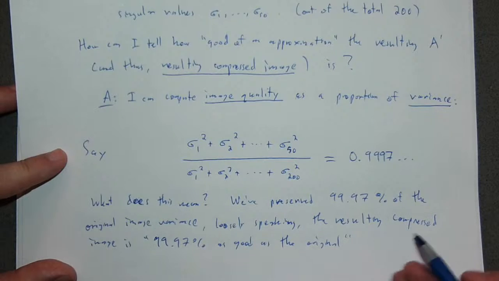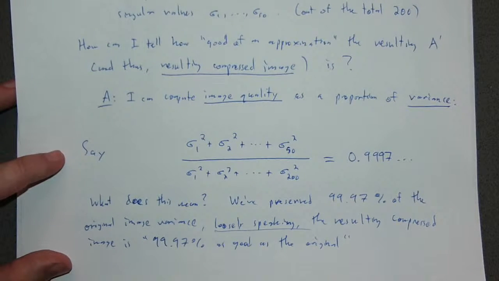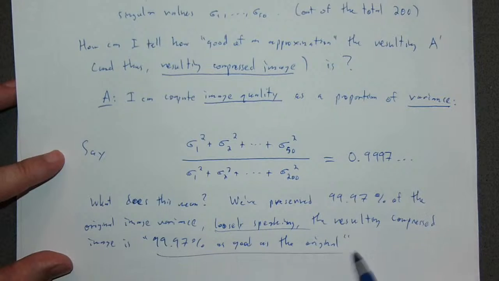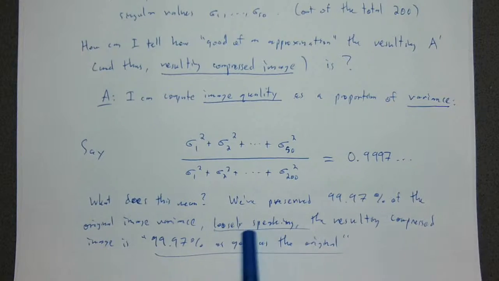Like I said, this is loosely speaking, and there will be examples that can be concocted where the image quality is seemingly high, but the image looks like trash. So this can be a little sensitive. That's why I said loosely speaking here.